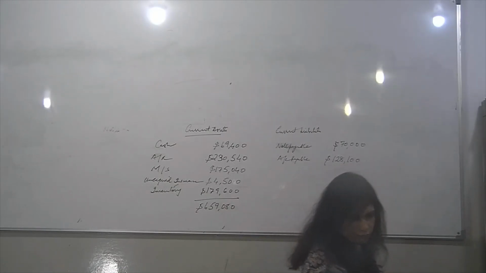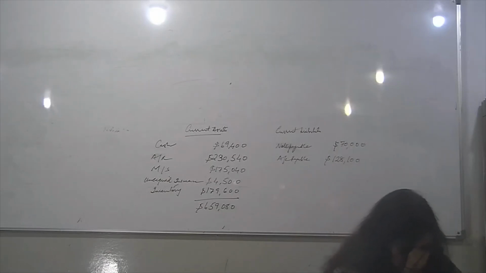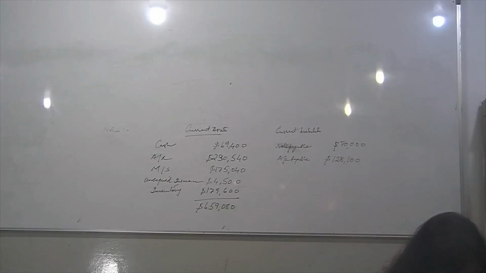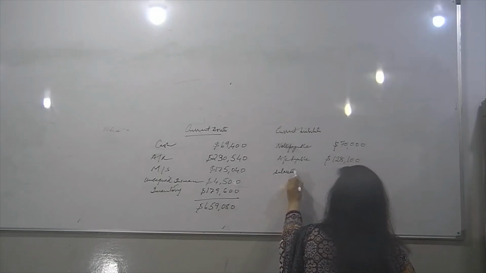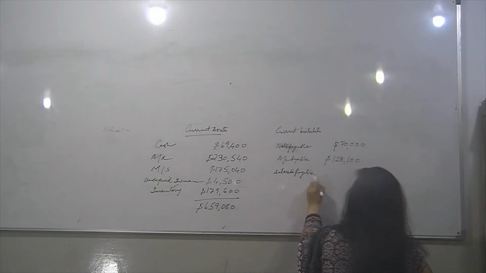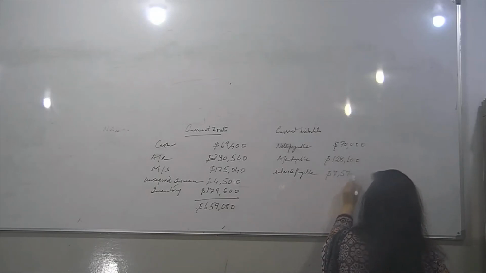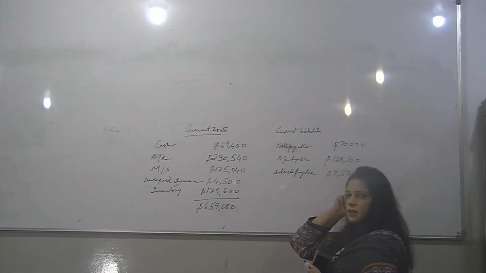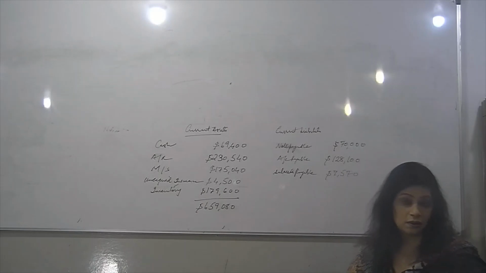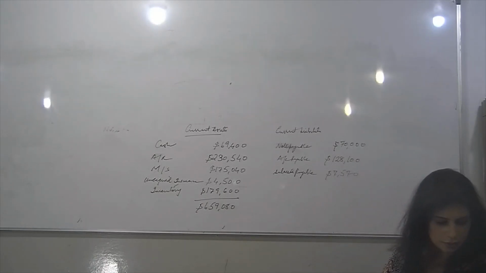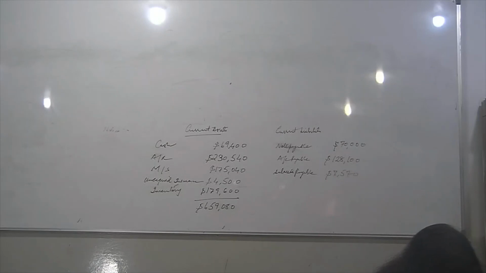Then we have salaries payable, and that is 7,570. And do know that since this is a payable, otherwise if it was salaries paid, then that would be an expense reported in the income statement and not in a balance sheet. So then we have dividends. We skipped that. Income tax payable. Okay, so it's 14,600.